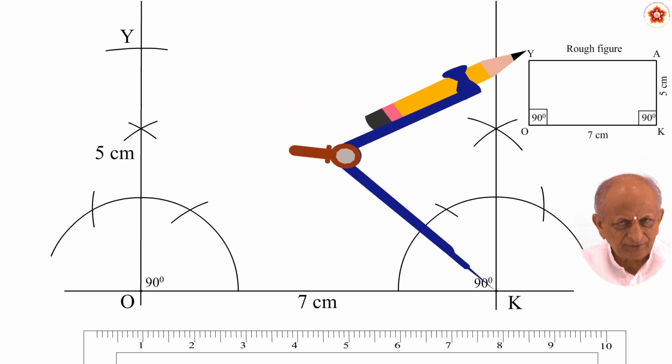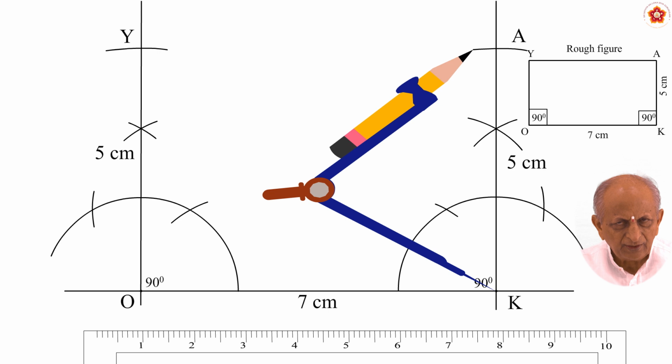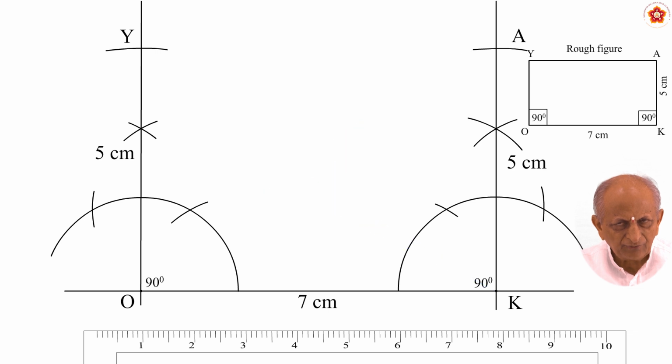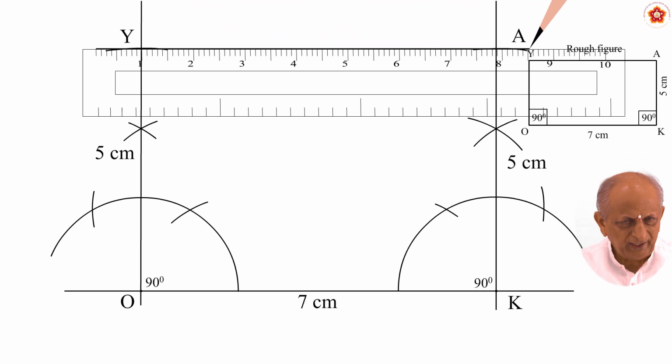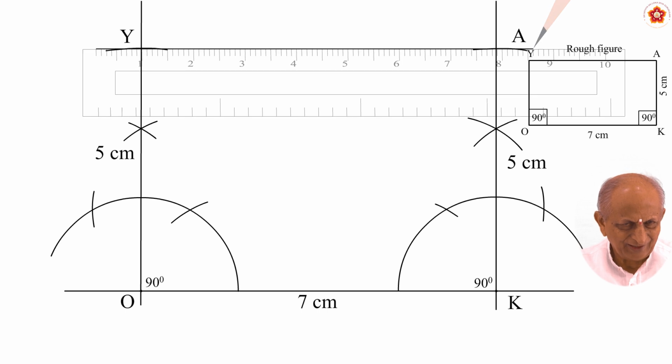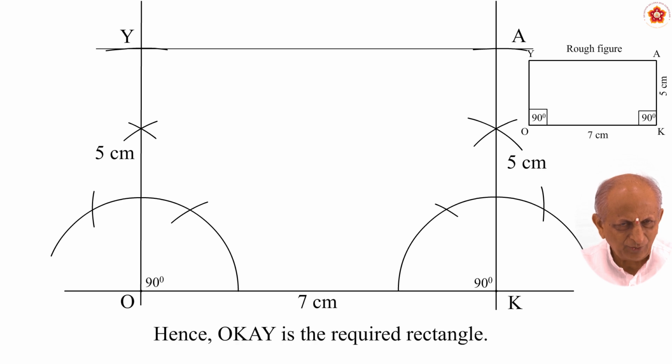Now join these. These two points are called, on the left side Y, on the right side A. So OK, in your phone language you heard the word OK, is it not? While answering the phone you say OK, OK. So here this is a rectangle.